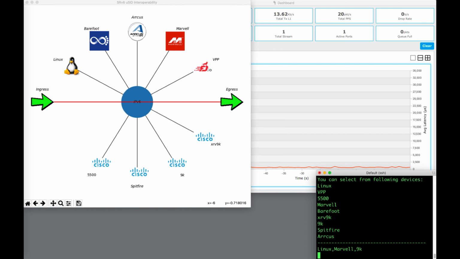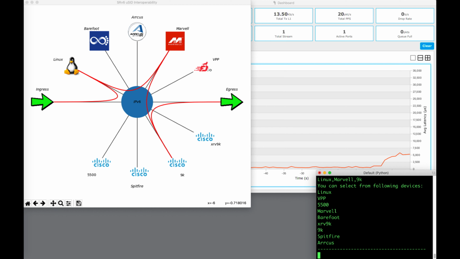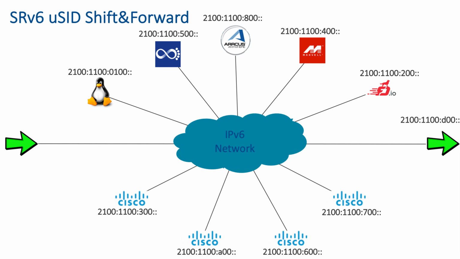Now we apply this policy to ingress VPP. We can immediately see increased latency of traffic because right now it goes through different paths in the network.